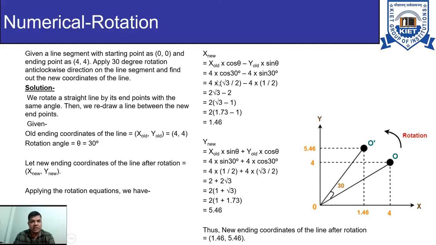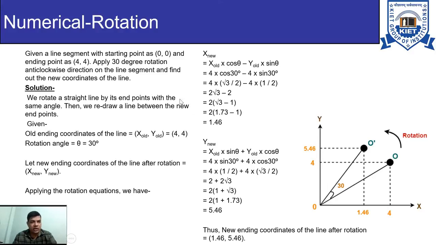You can see that the initial position is 4 comma 4, and the new position is 1.46 comma 5.46. So the position of the line has changed, and the new coordinates are 0, 0 and 1.46, 5.46.